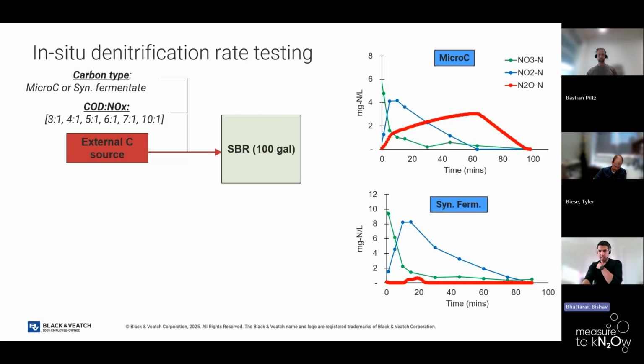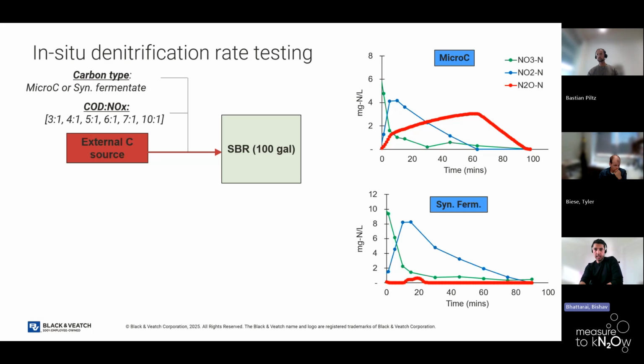In these two plots, we were seeing consistent trends throughout with multiple runs of experiments: there is always significantly higher accumulation of nitrous oxide when using micro C, while in the case of synthetic fermented, we were not seeing as high. This highlights that synthetic fermented as a carbon source possibly has higher affinity towards nitrous oxide consumption.